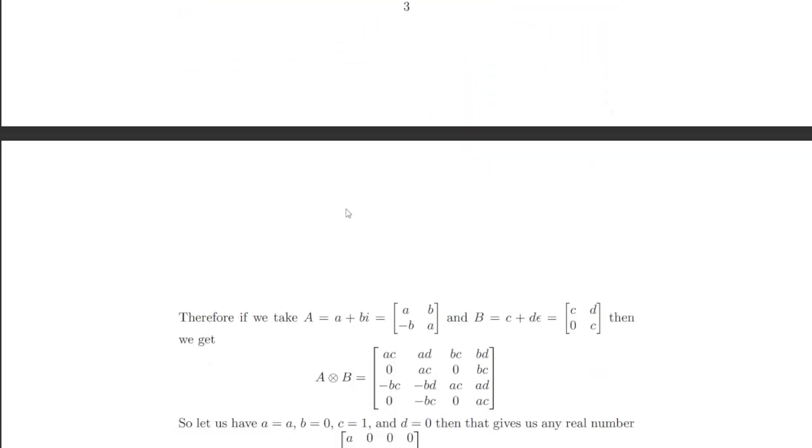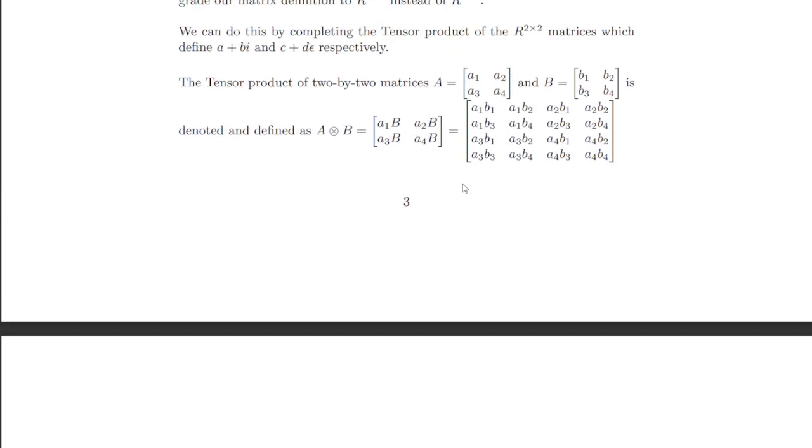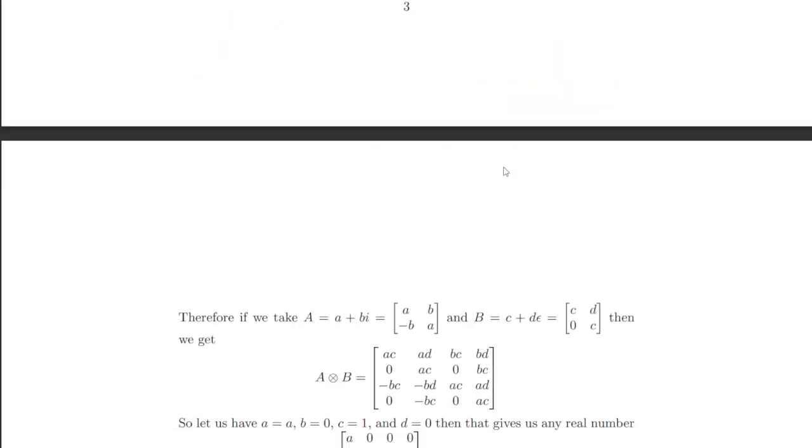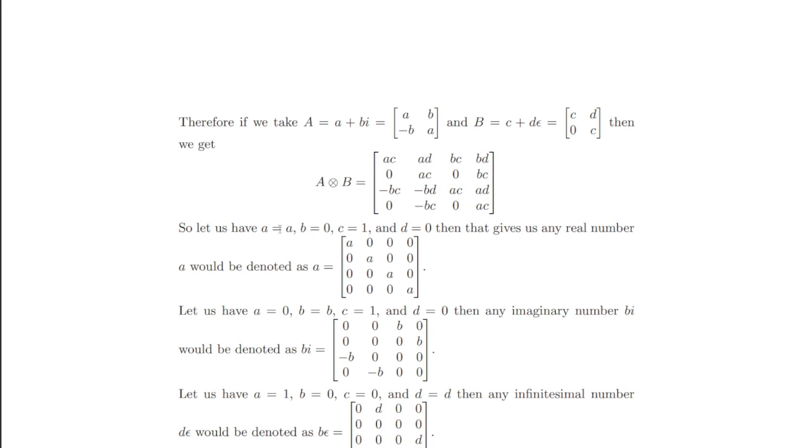So what makes us think this will be commutative? Well, let's find out. The tensor product of these two matrices is given by the following 4 by 4 matrix. And you can verify that with this definition that we use to get this. Let us have A equals A, B equals 0, C equals 1, and D equals 0. Just plugging in values to see how things work.